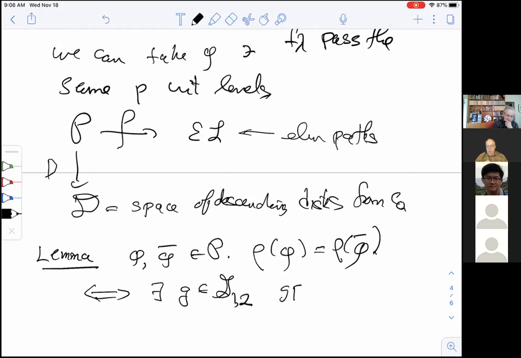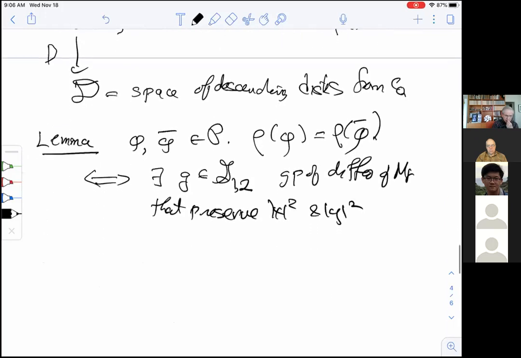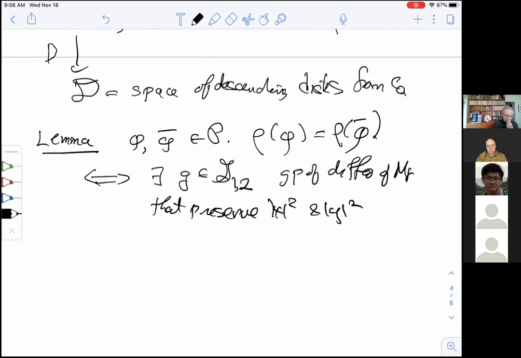This is the group of self-diffeomorphisms of the model that preserve norm of x squared and norm of y squared. Such that phi bar is phi composed with G.